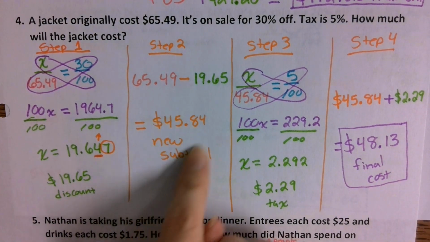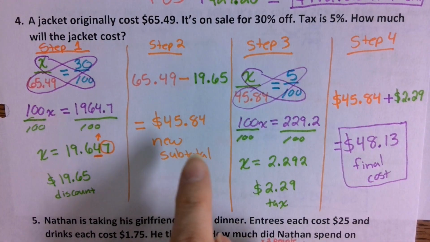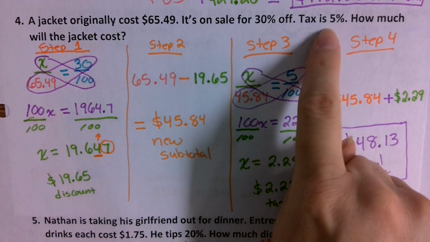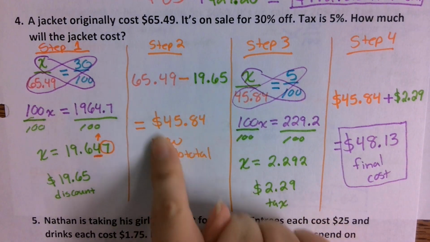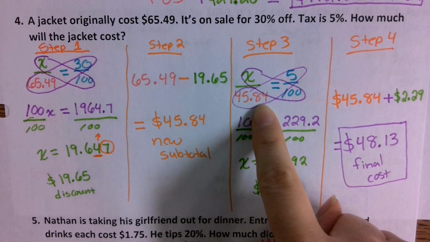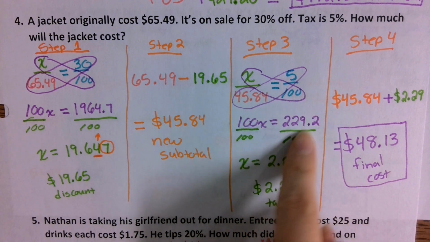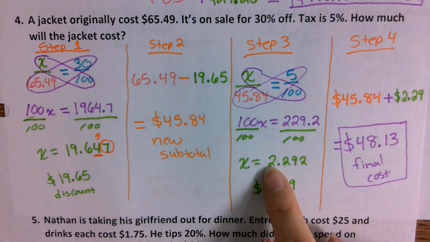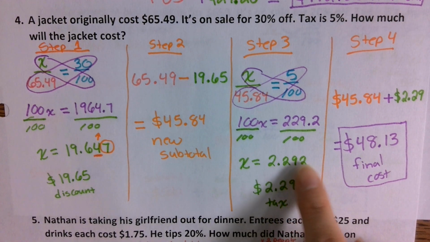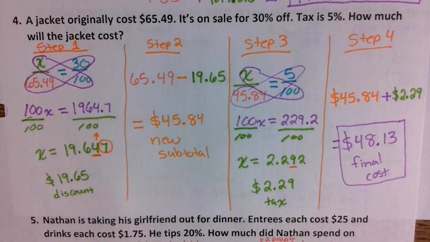Once you know your new subtotal, you then find the percent for tax on that. Remember, you only pay tax off of the subtotal, the new one. So you do X over $45.84 is 5% over 100. When you do your cross product, again, you're going to get 2.292. That 9 represents your penny spot.